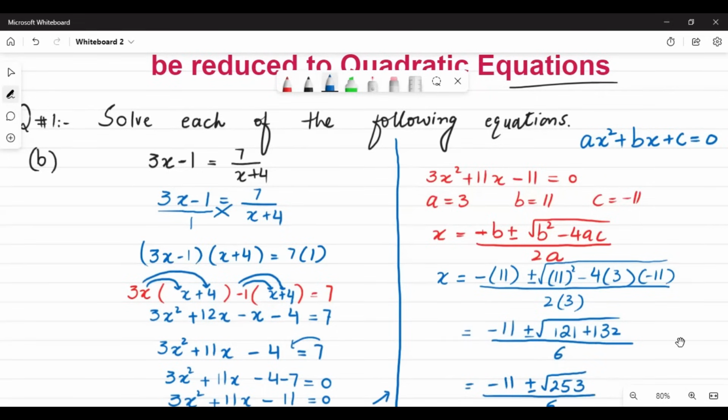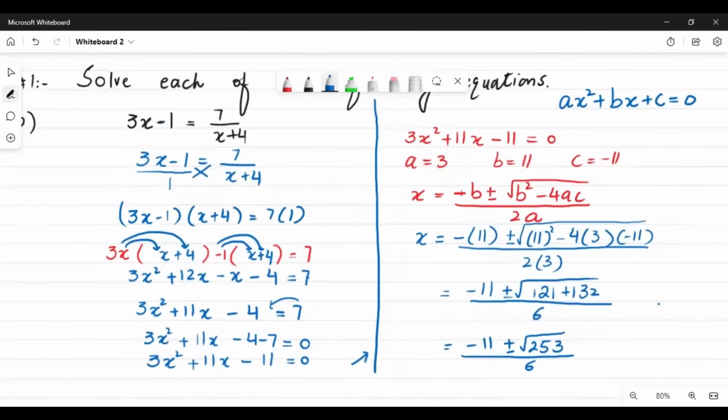After that, we can take the square root of 253 over here. It will be minus 11 plus minus the square root of 253, which will be 15.91 after rounding off to 2 decimal places, divided by 6.